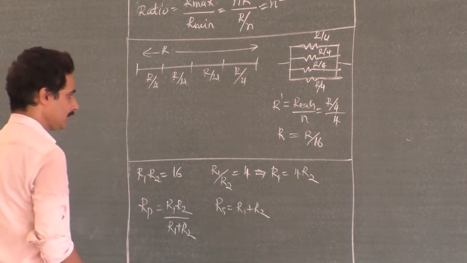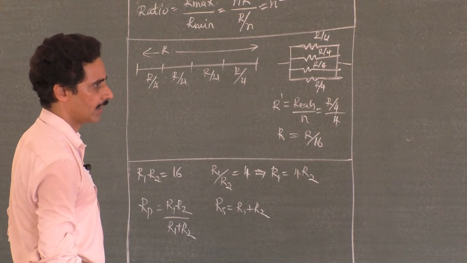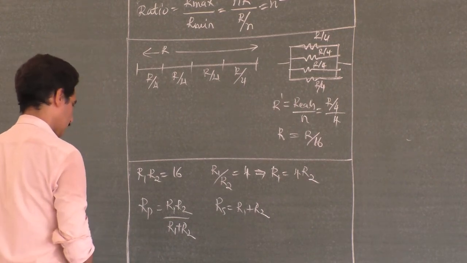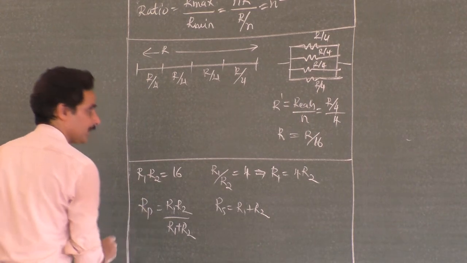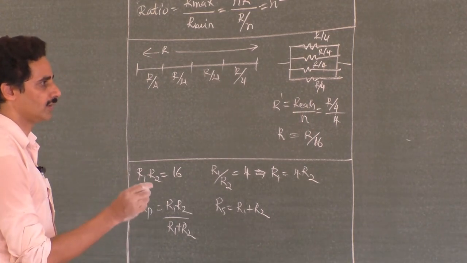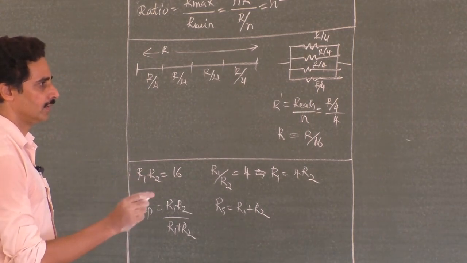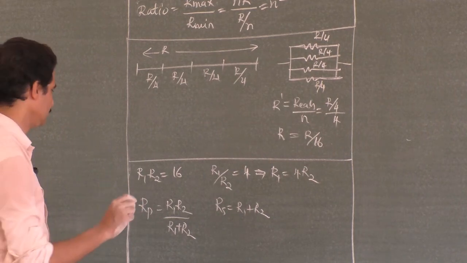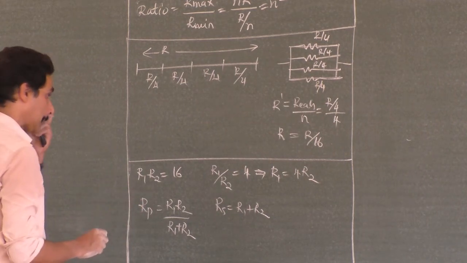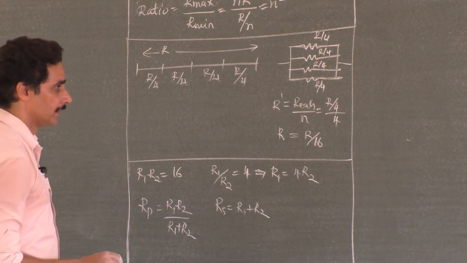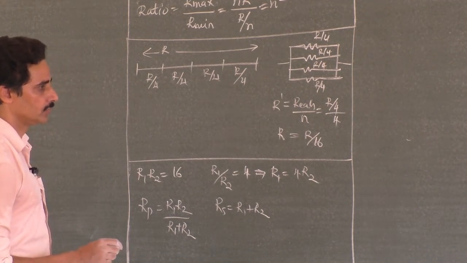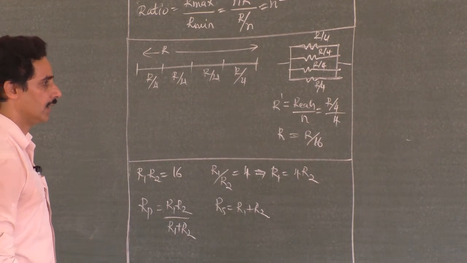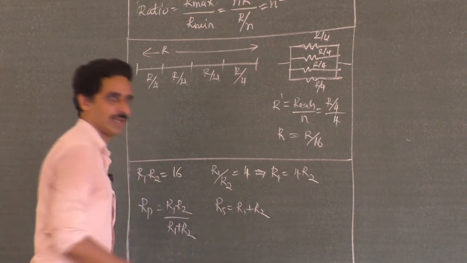Now Rs and Rp values are not given, and you have to calculate the individual resistances. But each product R1, R2, yeah, the first method itself is okay.